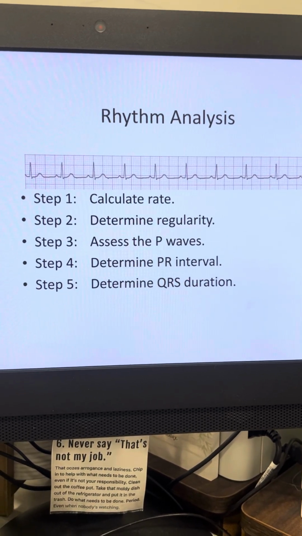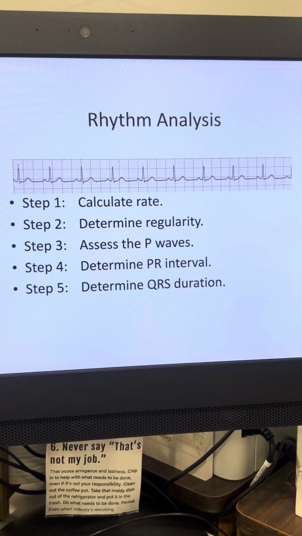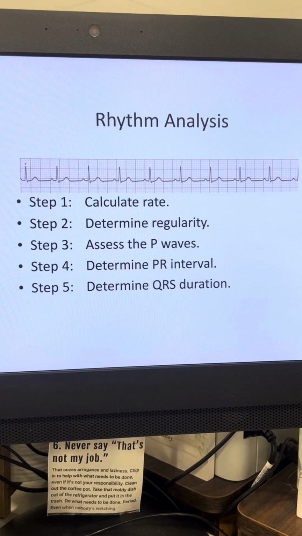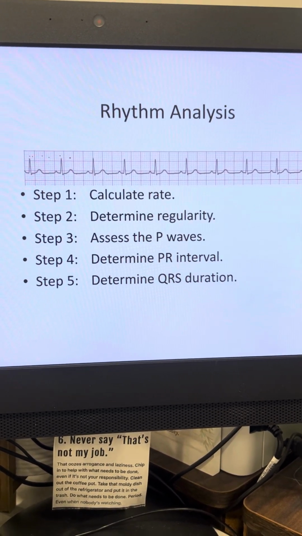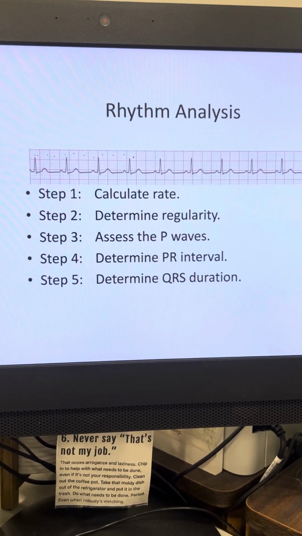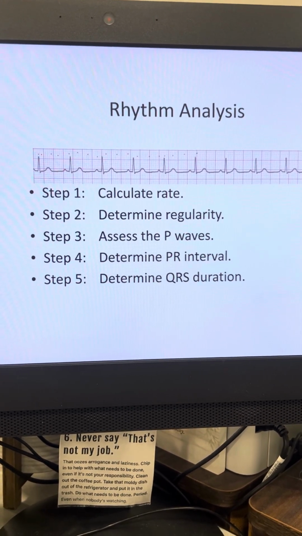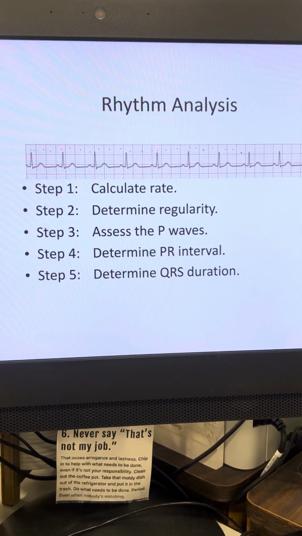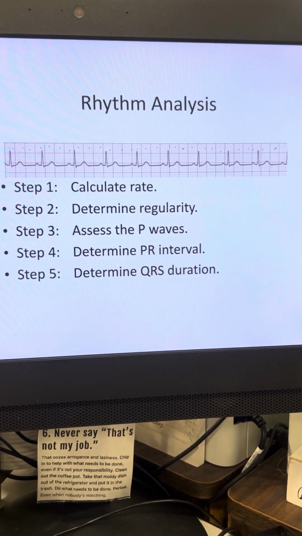Okay, so now we're gonna go through how we're gonna evaluate these rhythm strips, okay? The first thing we do when we see a rhythm strip is we have gotta count the boxes because we're gonna figure out the rate. So 1, 2, 3, up to 30.